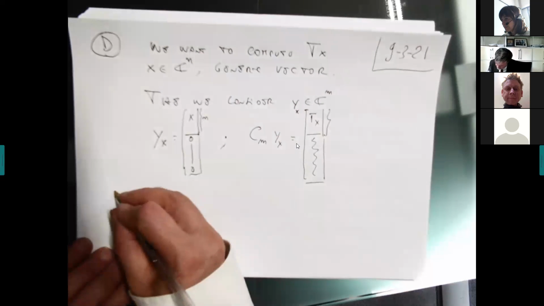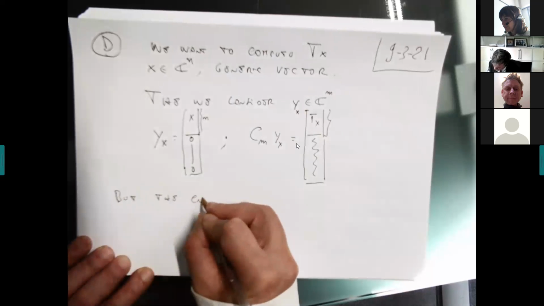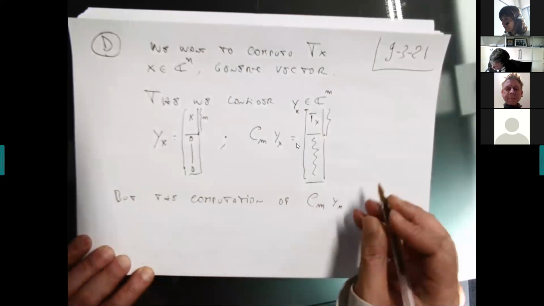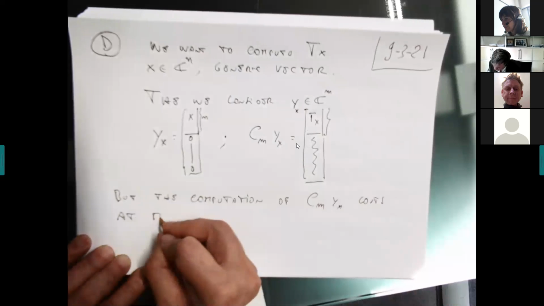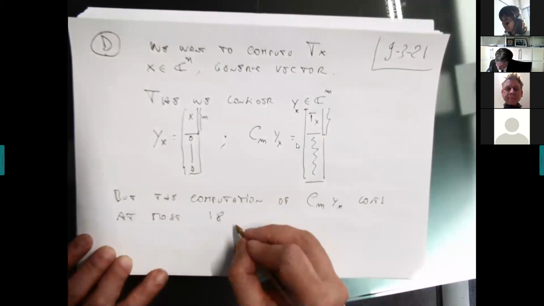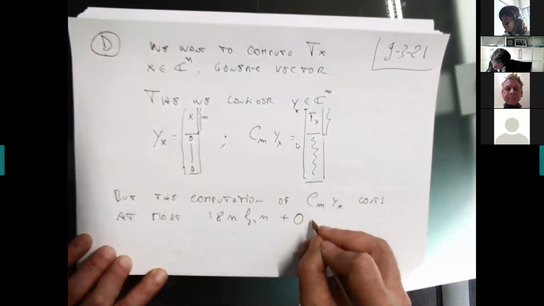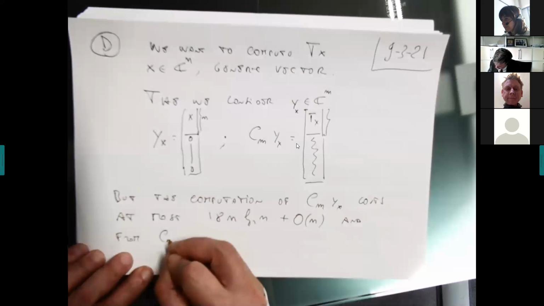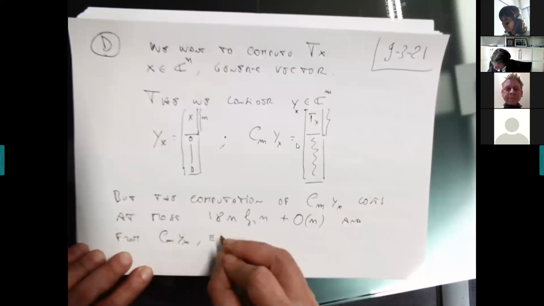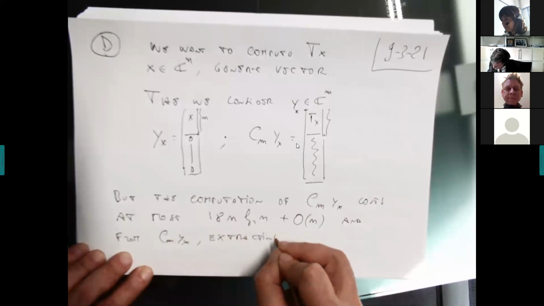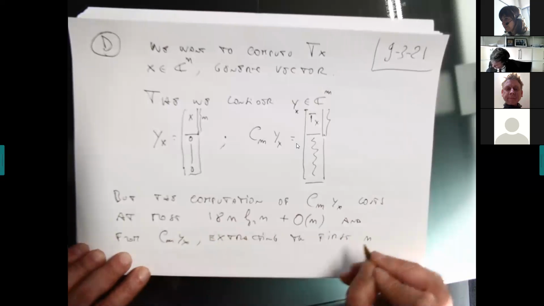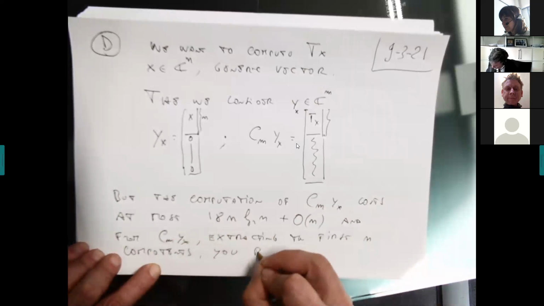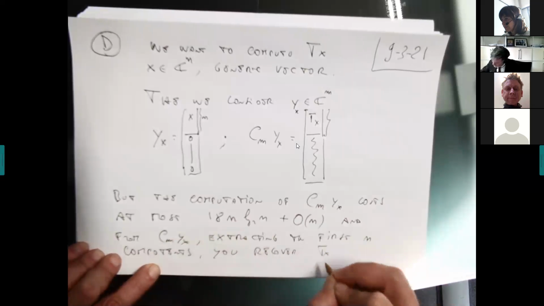But the computation of Cm times y of X costs at most 18 n log 2n plus O(n), and from Cm y of X extracting the first n components, you recover T of X as it is written here.